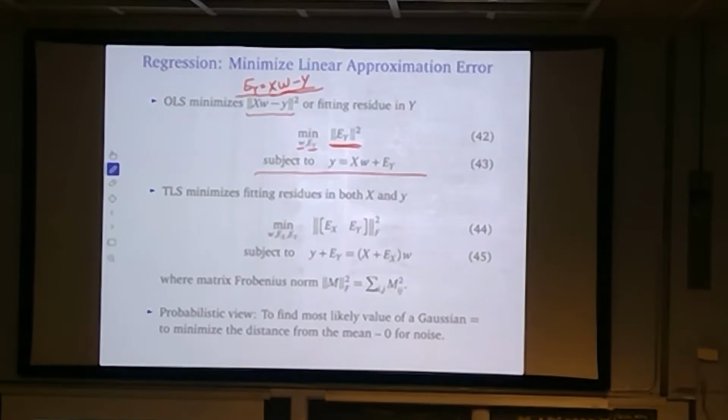If I have n instances, W is D by 1, EY is n by 1, right? So now I introduce more variables. But the thing is, I have a known constraint between the two sets of unknowns, W and EY, and that's given by this equation.